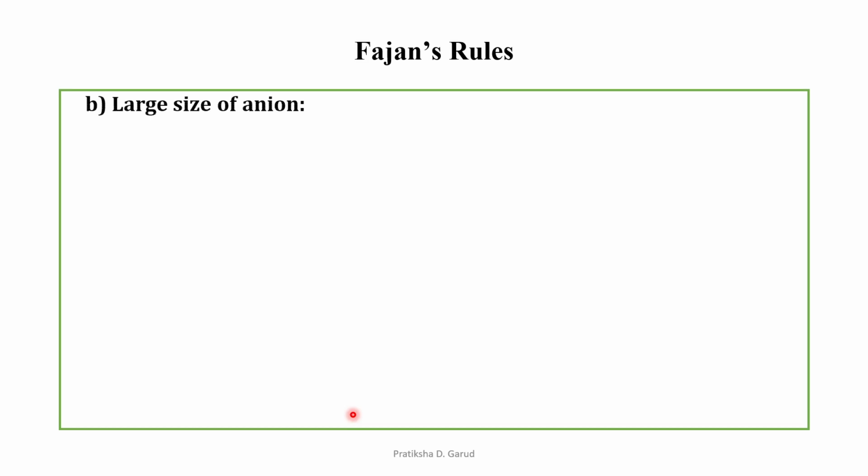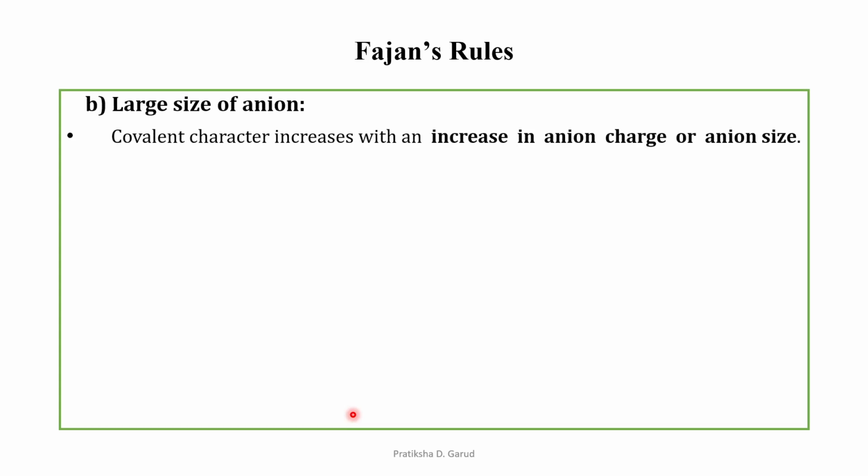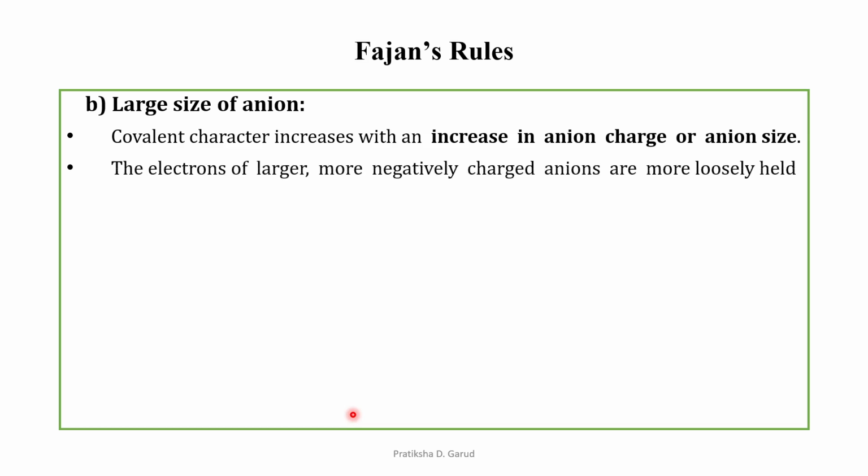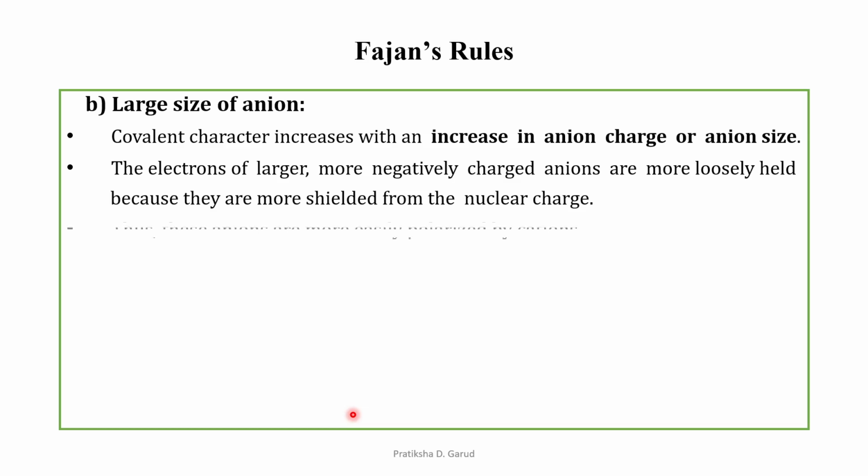Second factor, large size of anion. The covalent bond character increases with increase in size of the anion or increase in charge on the anion, right? The electrons of larger, more negatively charged anions are more loosely held because they are more shielded from the nuclear charge.